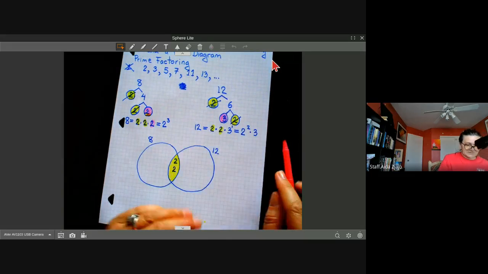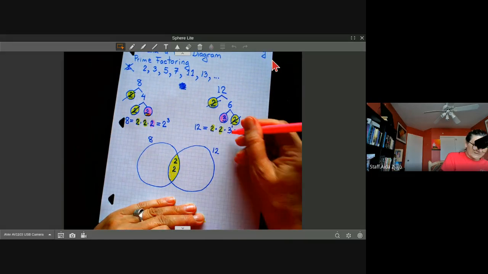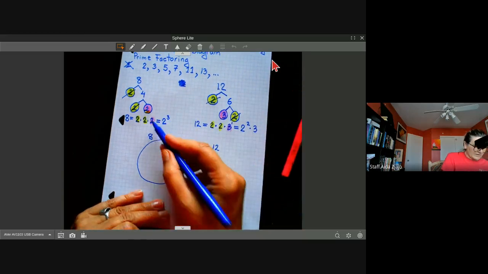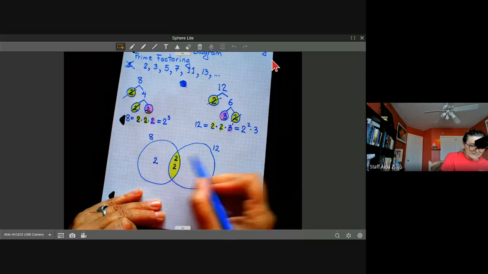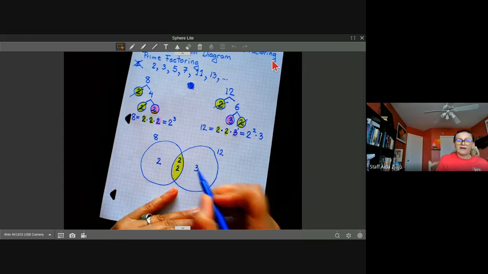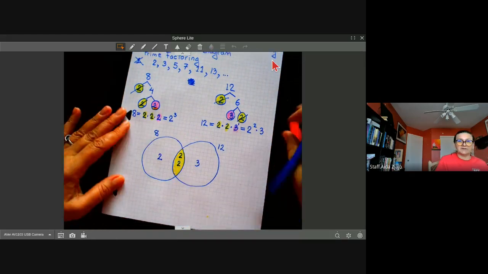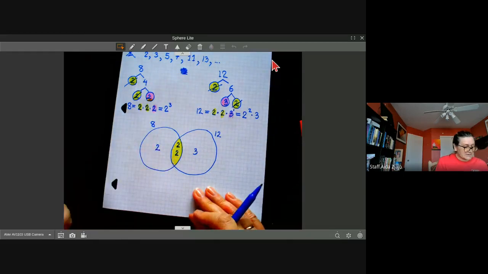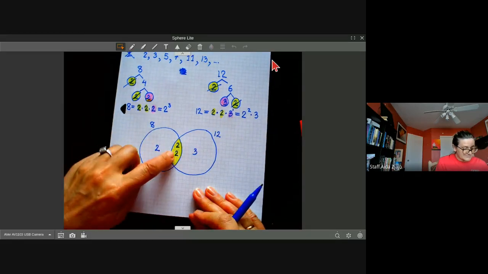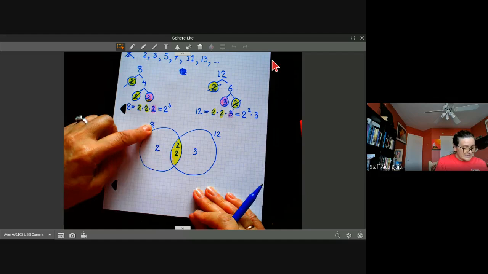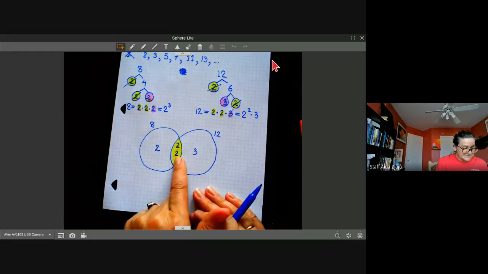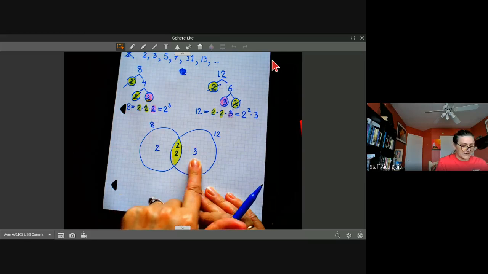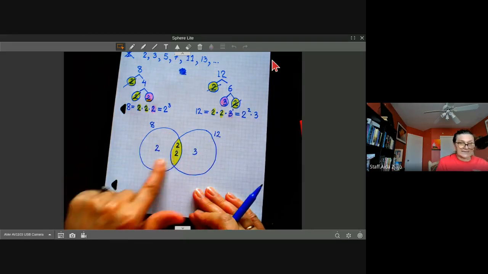So these are going to stay in their separate circles. 2 belongs in here, and 3 belongs over there. Now you can check: 8 is 2 times 2 times 2, and 3 times 2 is 6, 6 times 2 is 12. So this circle means 12, and this circle means 8.